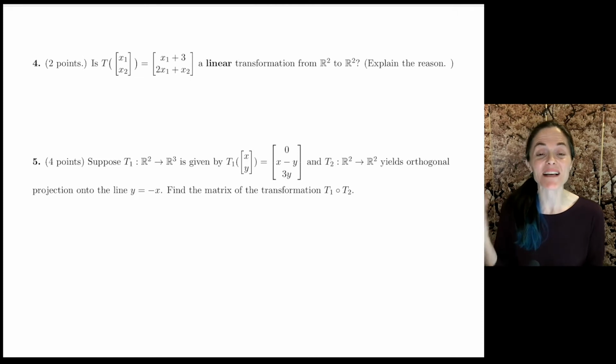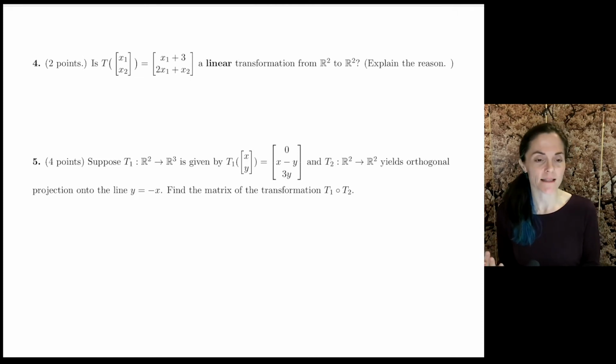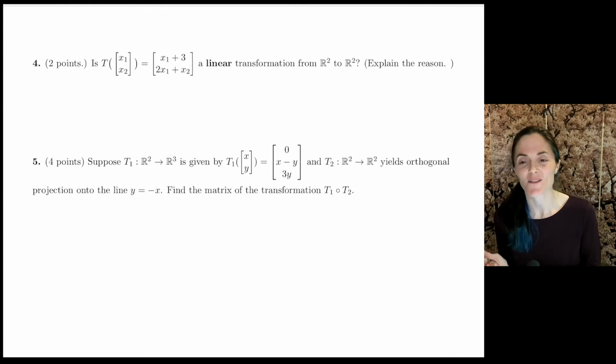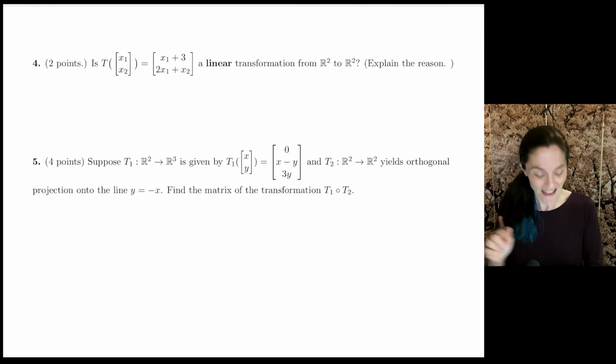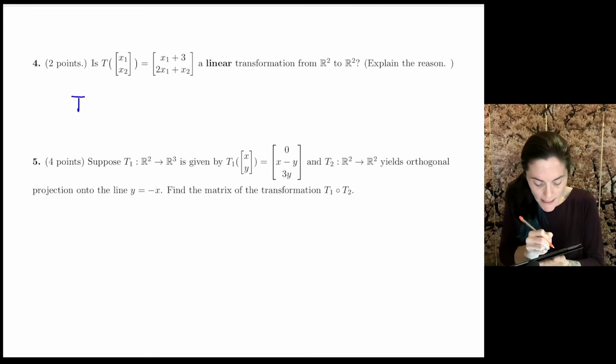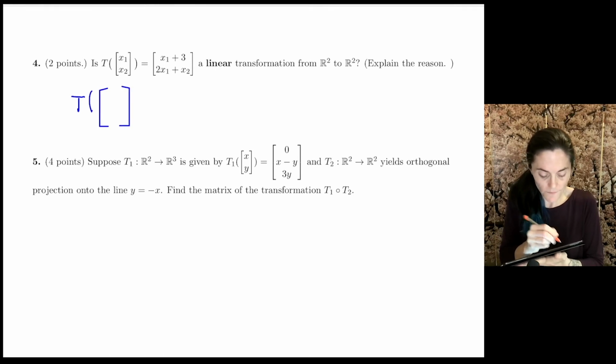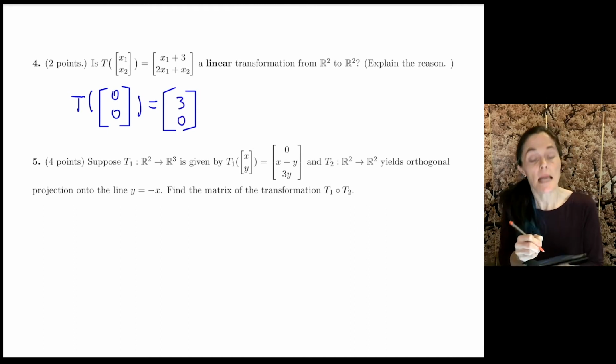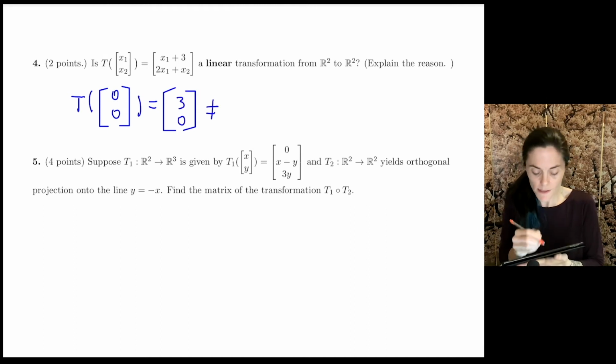Now we are doing some questions involving linear transformations. And the first one is a question, is this map a linear transformation from R2 to R2, explain the reason. No, I can see it very quickly because, for example, if we take T of 0, 0 here, evaluate at 0, 0, we get 3, 0, but this is not equal to 0, 0.